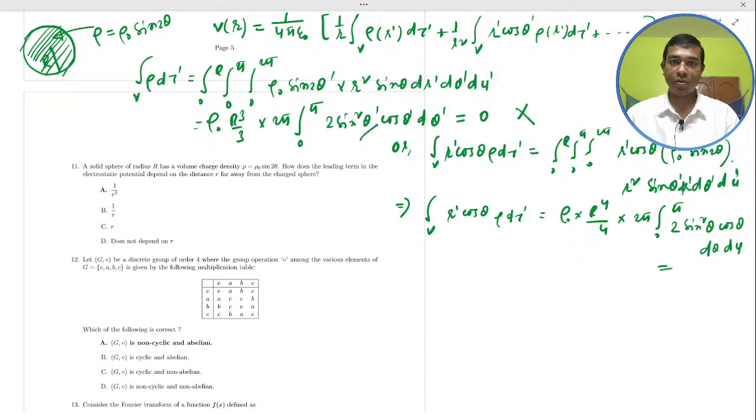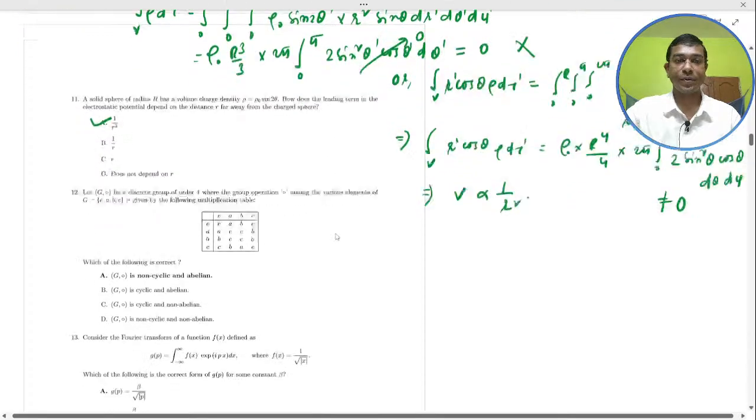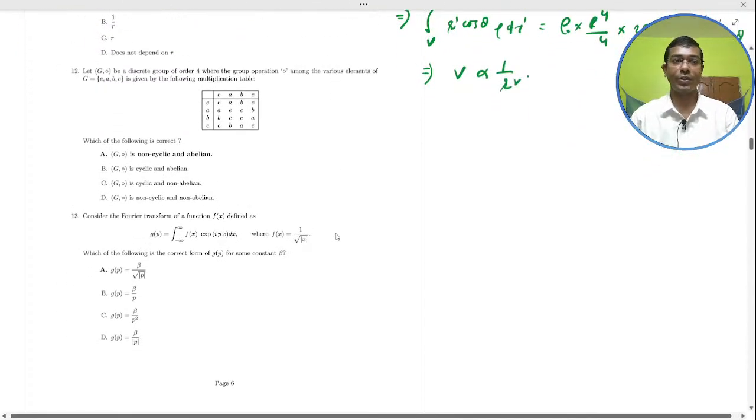Okay, so you have to check where this will not be 0. The earlier one is 0 and this will not be 0. That means the potential is proportional to 1 by r square. That means the potential is inversely proportional to r square. Option A is correct. Next question from the mathematical physics group theory.